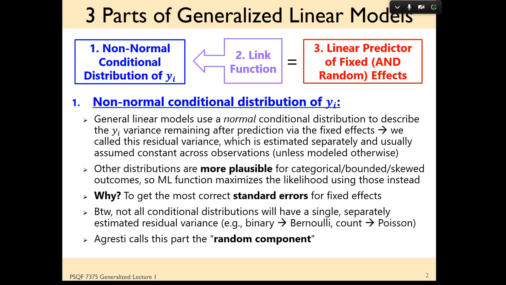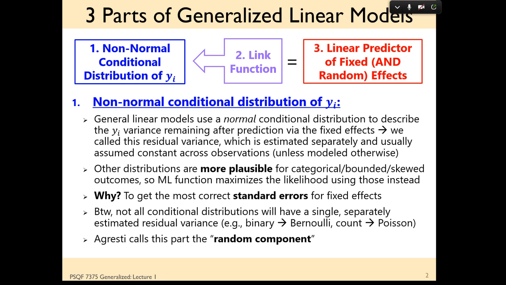So what does conditional mean? It means left over: the outcome variability that is left after accounting for predictors. General linear models use a normal conditional distribution to describe the y variance that's remaining after prediction. We call that residual variance.